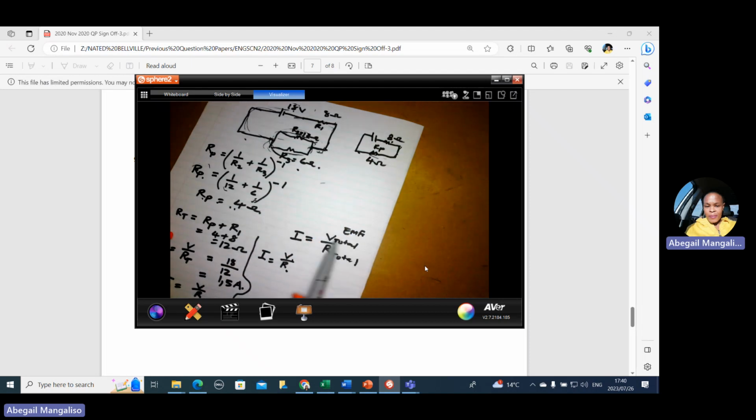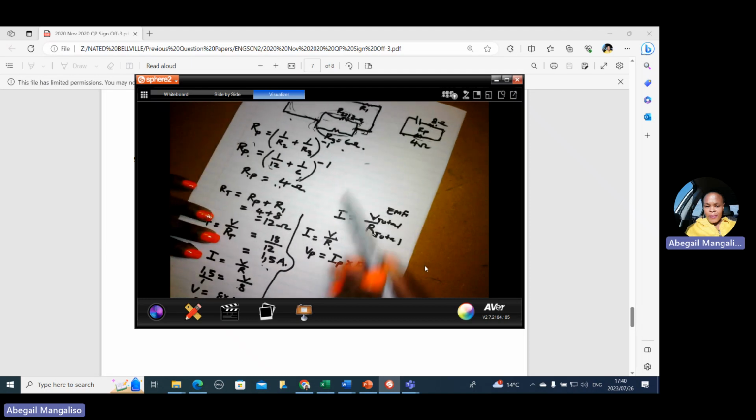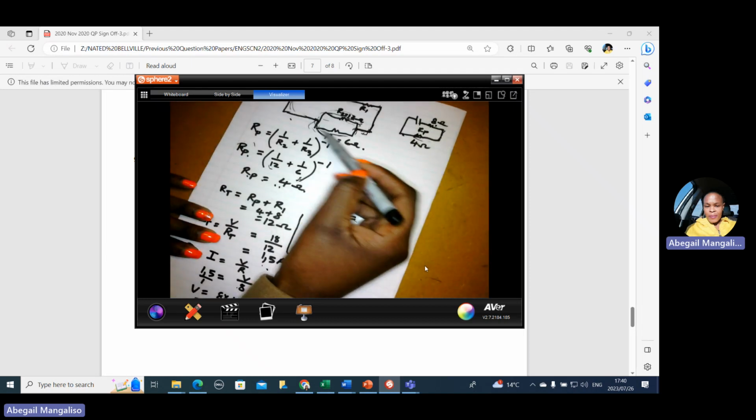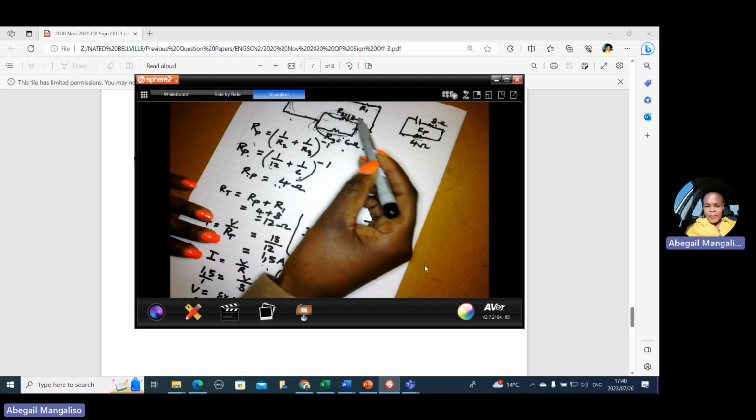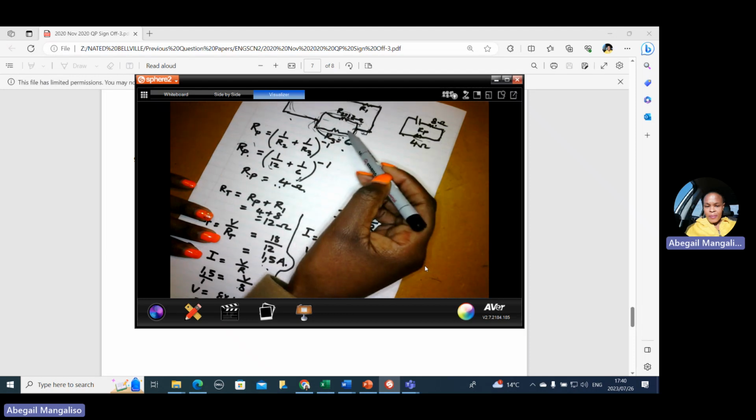As you can see from Ohm's law, when you make V the subject, it becomes IR. So we're going to call it VP for parallel. It will be equal to current that's flowing through, which is total current of that section, multiplied by total resistance of that section. So total current is 1,5. This 1,5 will split into these two resistors.